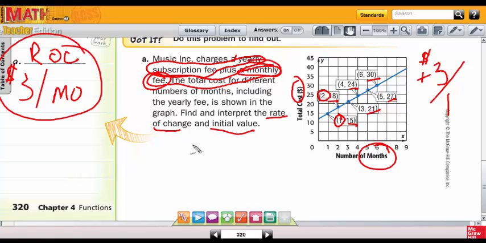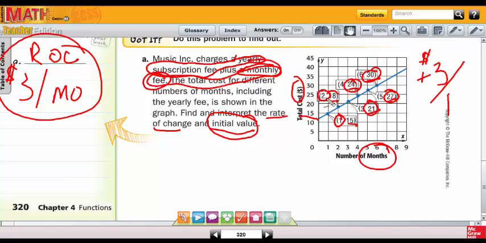Now we need to find that initial value. Well, the initial value is right here. It's the y, where the line crosses the y-axis. So the easy thing to do is to just read the graph, but we really can't be sure that that's 12 or 13 or 12.2 or whatever. We really can't say that for certain by just reading the graph, but if we follow our numbers, remember that we went from 30 down to 27, down to 24, down to 21.